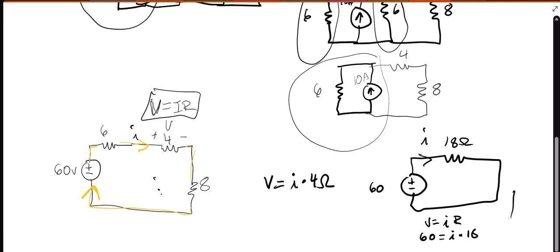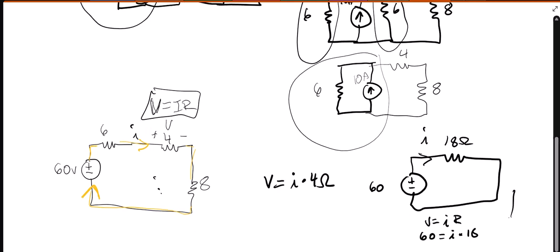So I equals 60 divided by 18. Let's see, that's 10 over 3, 3.333.